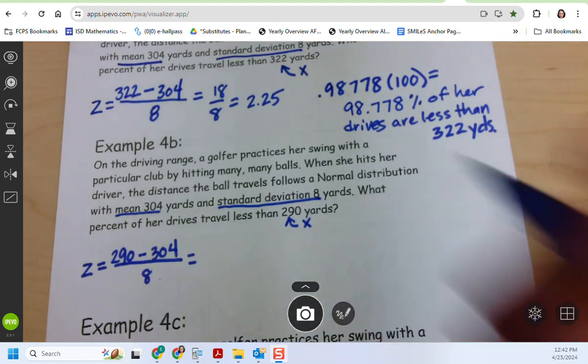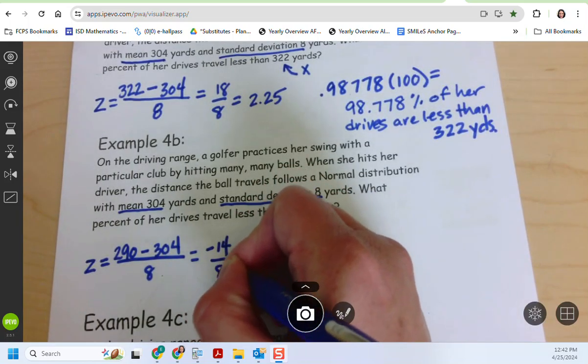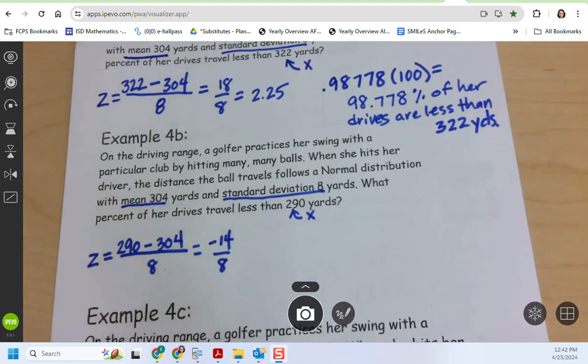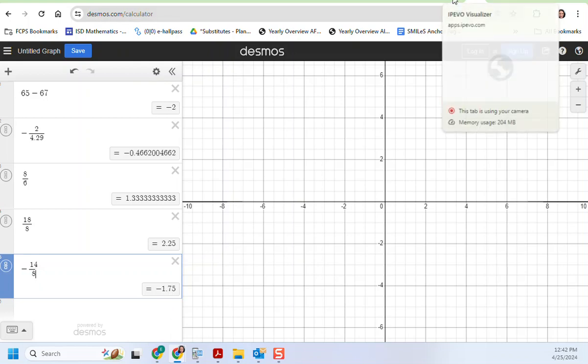Yeah, thank you. And then I want you to go to a calculator and divide that and round it to 2 decimal places. All right, so it already has 2 decimal places. It's negative 1.75.